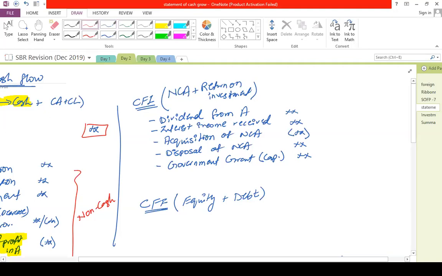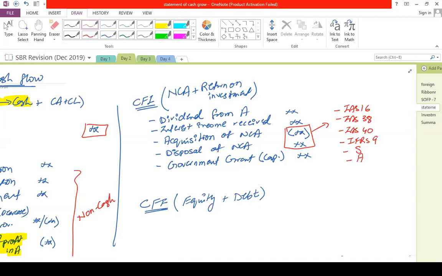Now, when we say purchase or sale of the non-current asset, this includes the purchase of property, plant, equipment, the purchase and sale of intangible assets, the purchase and sale of investment properties, the purchase and sale of financial assets, and this also includes the purchase or sale of an associate or a subsidiary.